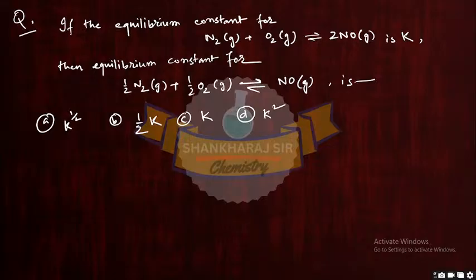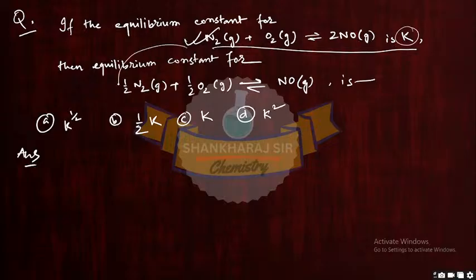In order to identify, you have to know that this reaction is a reference reaction for which the equilibrium constant is K. Now observe this reaction very carefully. On the left side we have reactants N2 and O2, and here also we have reactants N2 and O2. The product we have is 2NO, here we have NO. So clearly we can say that if we divide this equation by 2, then you will get this equation.